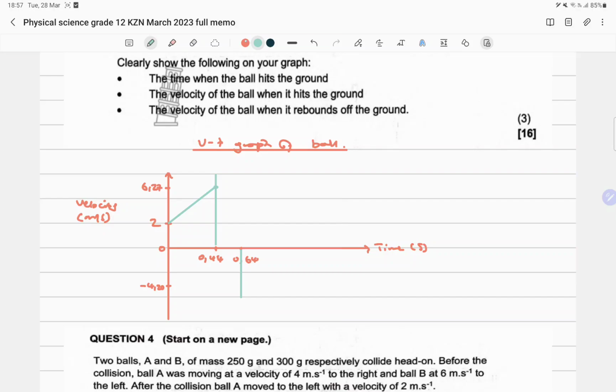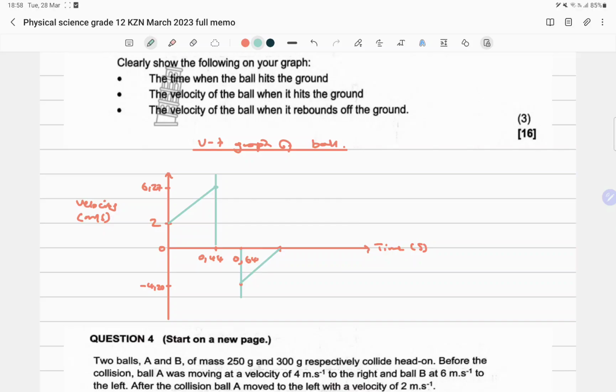So you guys know that this is 0,64. And we will take it from here. So this is when it bounced off from the ground back to this maximum height. We don't know what time it took to get there, but all we know is that it does this thing here.